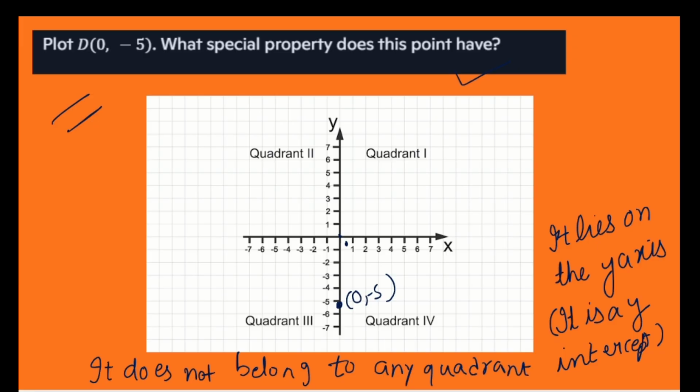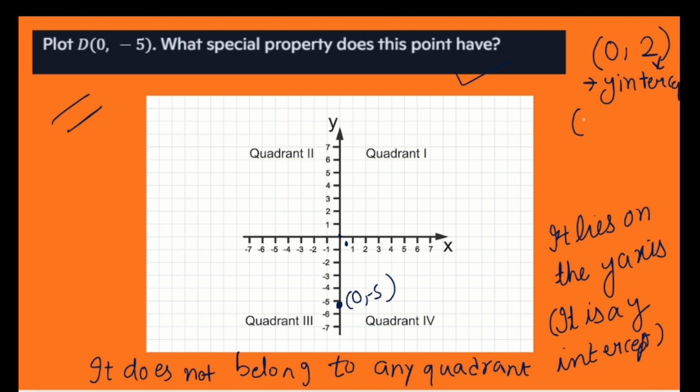One thing that you have to remember about the quadrants: if a point is (0, 2), what would be the intercept? That is a y-intercept, because we have only the value of y.